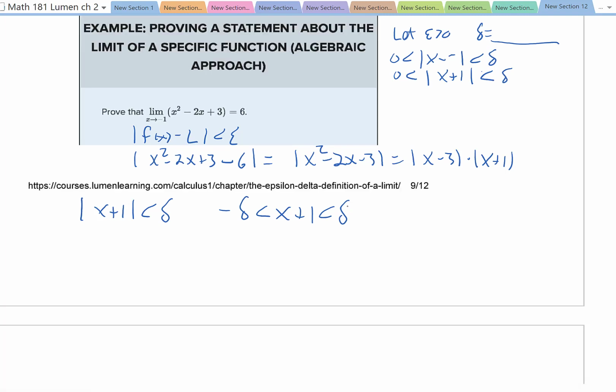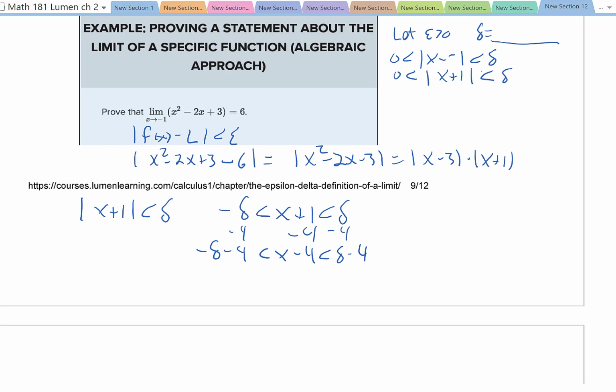And the goal is to make this look like the other one, the x minus 3. So if I subtract 4 from all the parts, I have negative delta minus 4 is less than x minus 4, less than delta minus 4. And like I did earlier, remember how I lowered the lower limit?